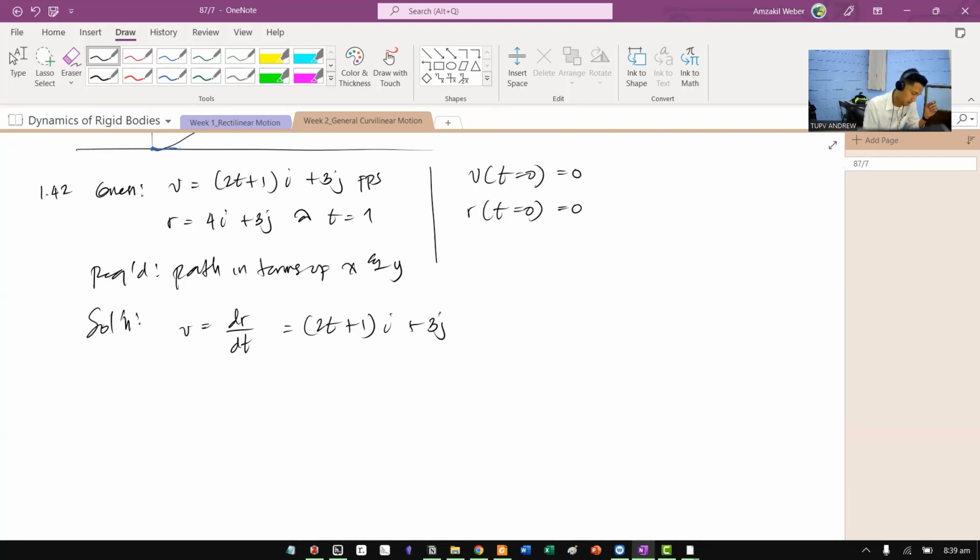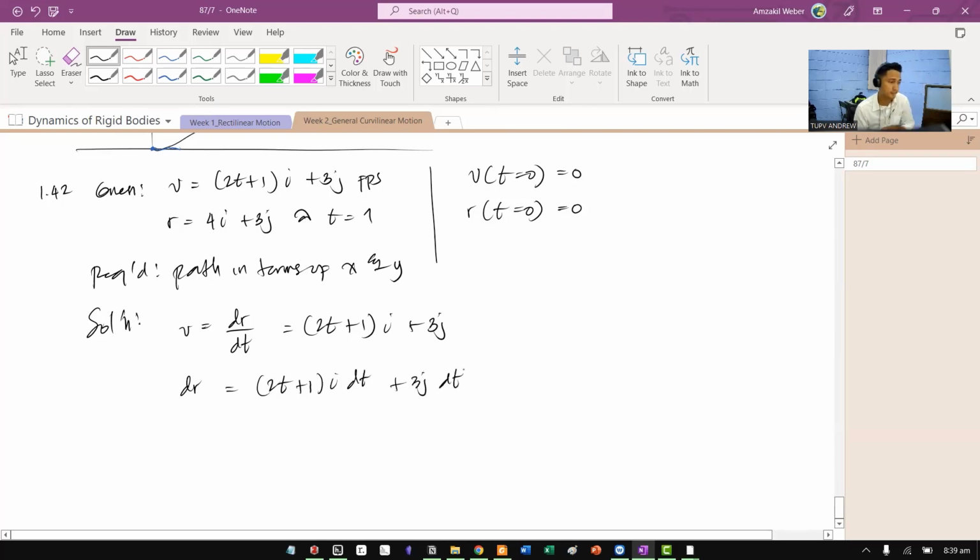Now transfer the dt, so dr is equal to (2t + 1)i dt plus 3j dt. Okay? What's next? We need to integrate. There are two ways to integrate, right? One is with an upper limit and a lower limit.